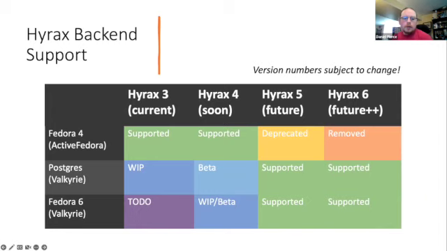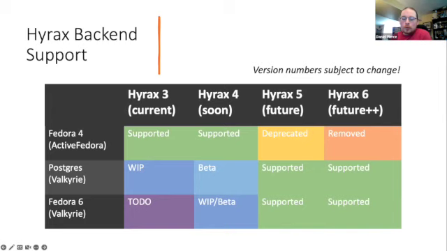So along with that, Valkyrie support is either work in progress and beta at this point, or in the case of the Fedora 6 backend, we're starting work on that. In theory, it should work transparently, so that there shouldn't be any real difference between having Postgres backing Hyrax or Fedora 6, thanks to the use of Valkyrie.